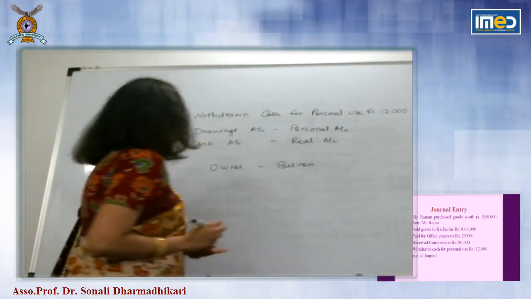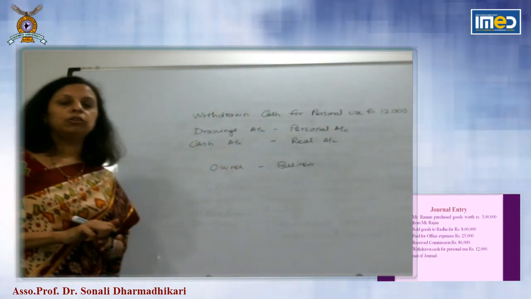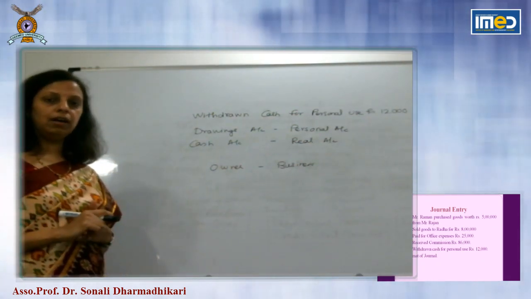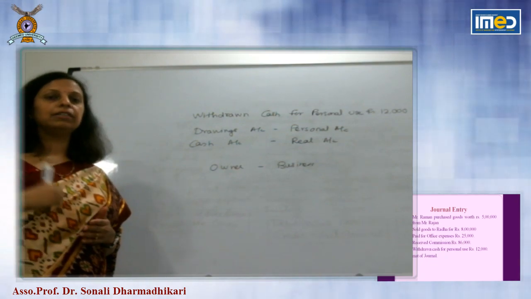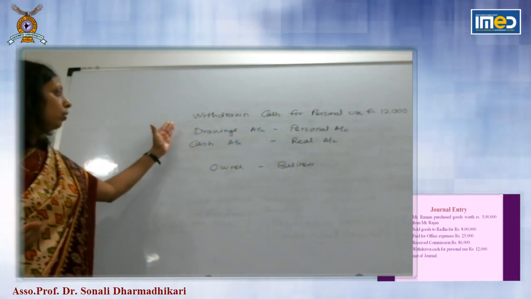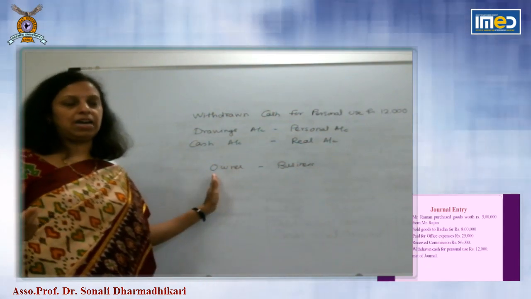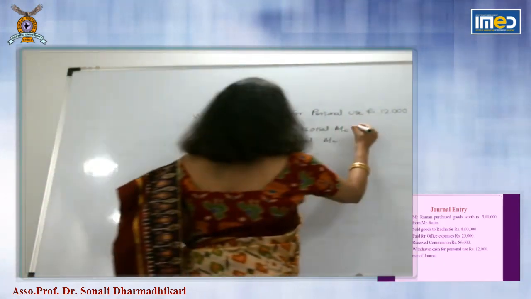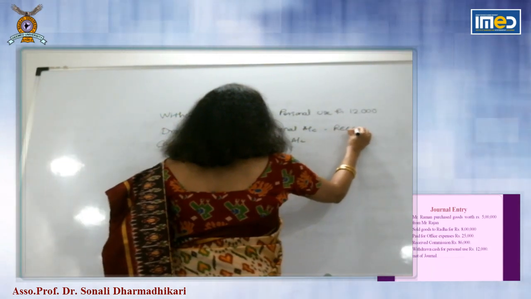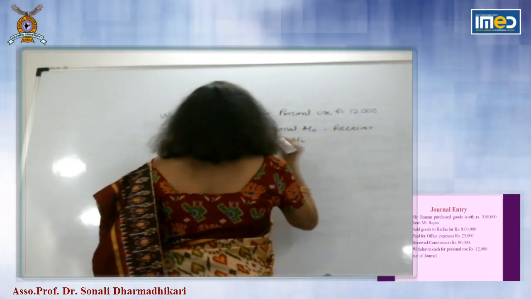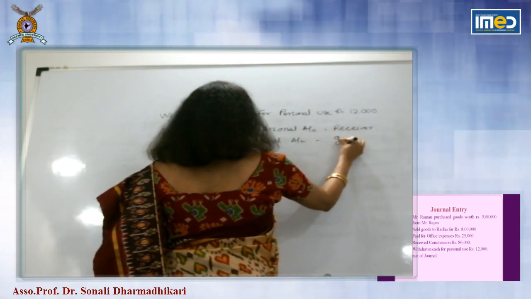Now apply the golden rule. Drawings, being a personal account: debit the receiver, credit the giver. Now here owner is a receiver of cash. So receiver, and cash is going out.